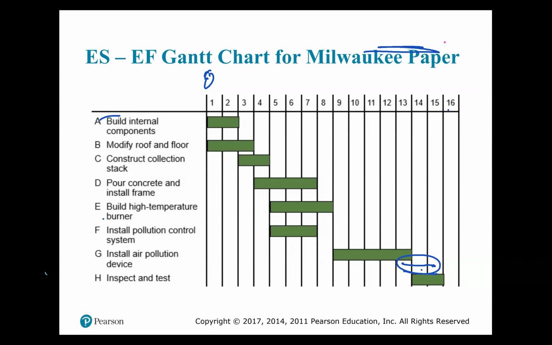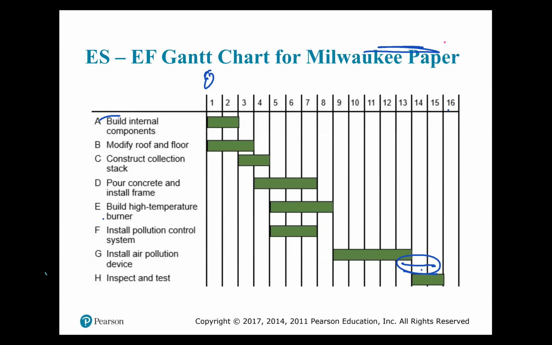So just like in your network, any activity that has no precedence relationship must begin at the start node. The first bar that I labeled the 0 bar, that is your start node on the Gantt chart. And you follow the precedence relationship just as you would in the network. Okay? So that's your forward pass.